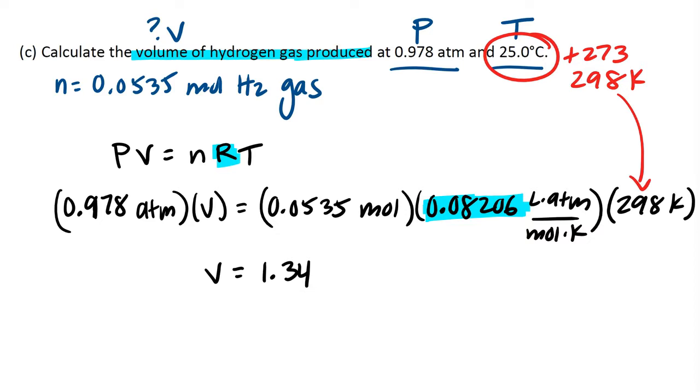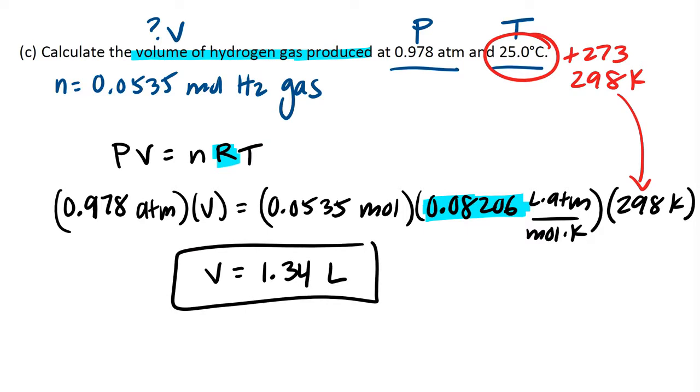So volume equals 1.34. And now, final step, unit. Since the R has a unit of liters times atmospheres over moles times Kelvin, volume, when we use the ideal gas law, is in liters. And so here, I've just done stoichiometry and a gas law problem all in one.